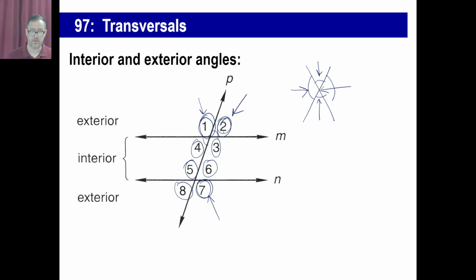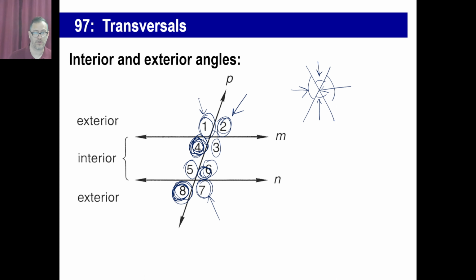So you could go, oh, okay, 2 and 8 are congruent as well. Same thing for 4 and 6 and 3 and 5 and so on, right? Okay, because we know that 4 is congruent to 8, and 8 is going to be congruent to 6, so 4 is congruent to 6, all right?